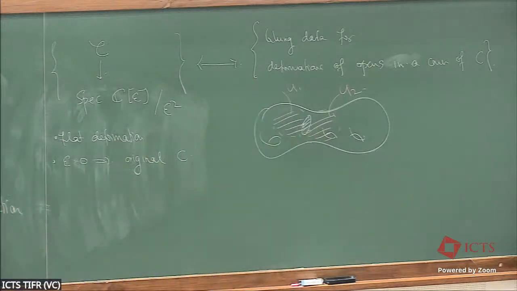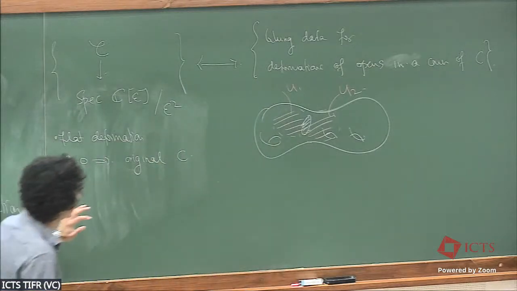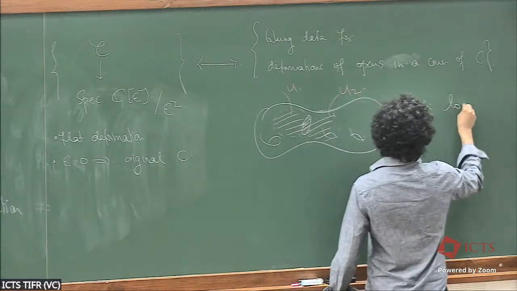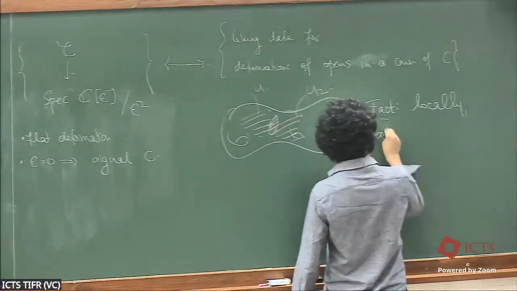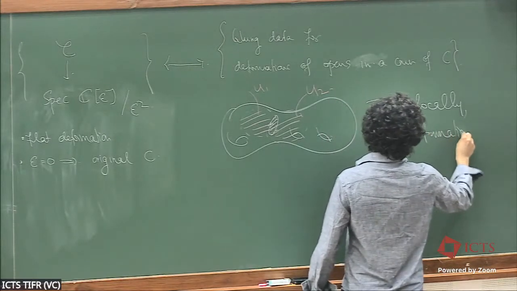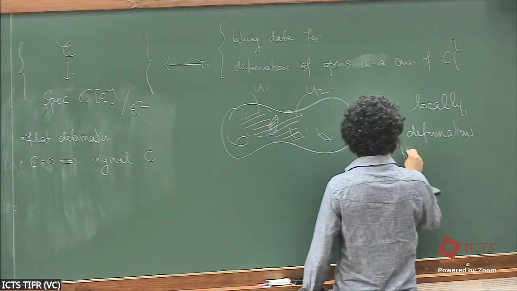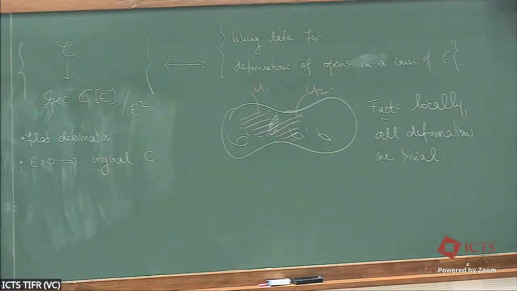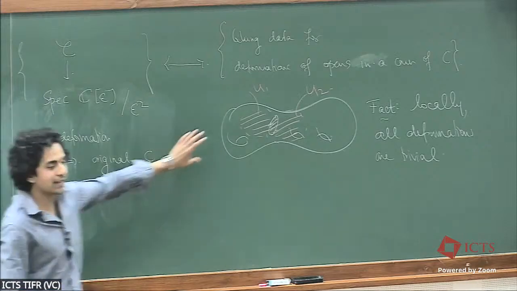So what's the idea? There's a very useful fact, that locally all deformations of complex structure are trivial. Okay, so if I have a local piece of a manifold, and I try to wiggle the coefficients, nothing will happen locally.